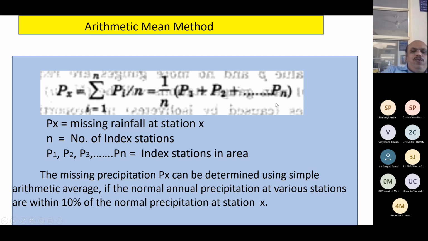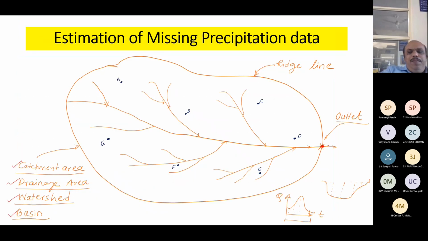So if we have to use this formula for this figure, suppose at station B the data is missing. Assume that at station B data is missing and we have to calculate this Bx here.